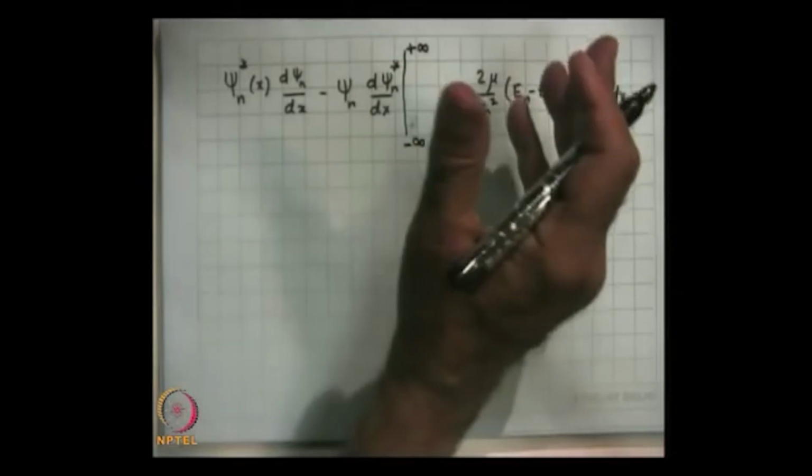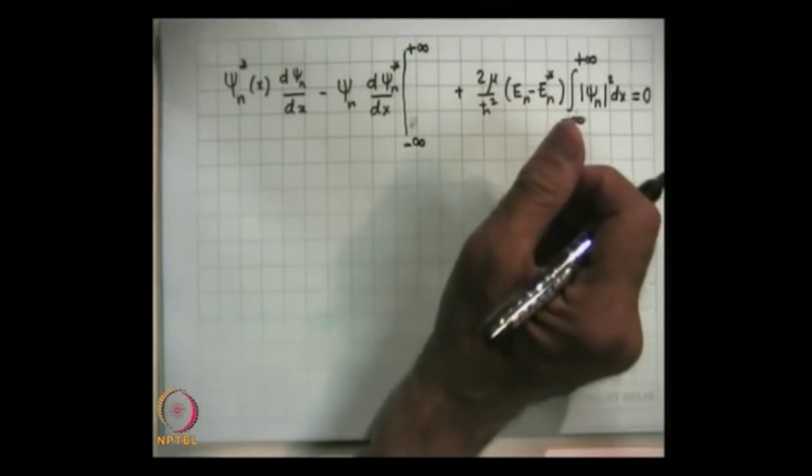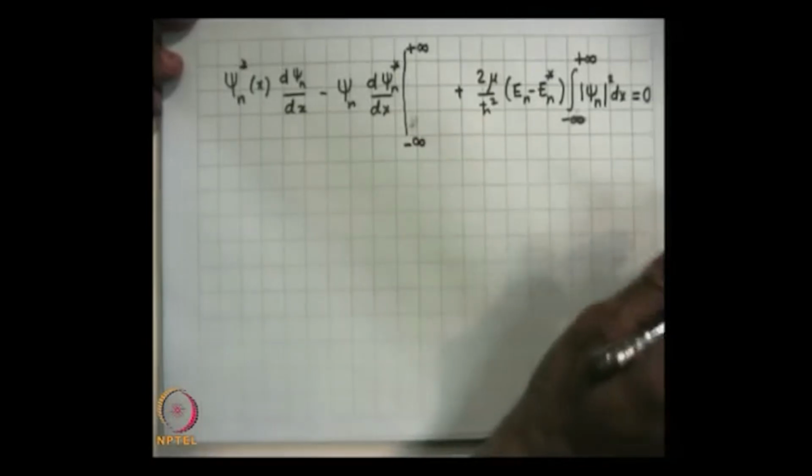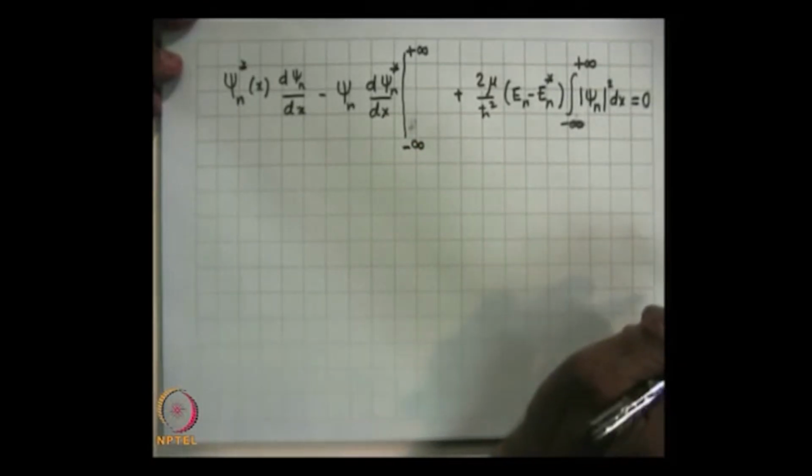For any practical problem where you have a localized particle, the wave function and its derivative must go to 0 at the boundary. These are the boundary conditions of the problem. So, this quantity at both the limits will be 0.